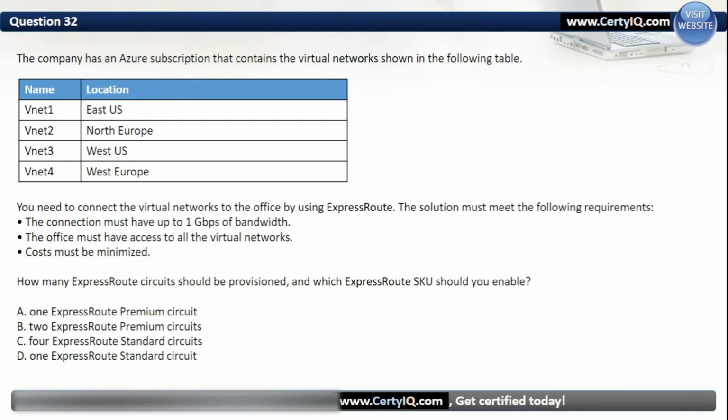How many Express Route circuits should be provisioned, and which Express Route SKU should you enable? Our options are A. 1 Express Route Premium Circuit, B. 2 Express Route Premium Circuits, C. 4 Express Route Standard Circuits, or D. 1 Express Route Standard Circuit. The correct option is A. 1 Express Route Premium Circuit.